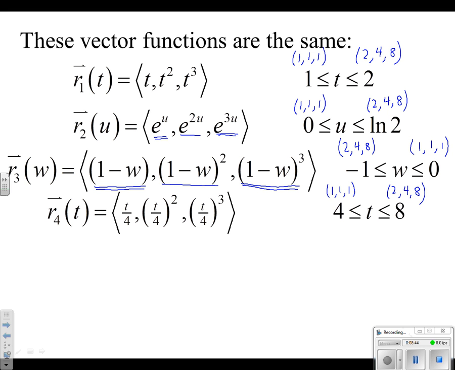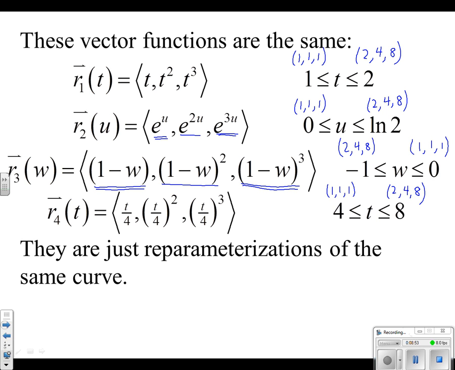Now, all 4 of these parametric equations represent the same curve with the same endpoints. And in fact, we could say that these are just reparameterizations of the same curve. Parameterizing in different ways gave us different results. But the thing to notice is that to go from one parameterization to the other, we are just doing a very simple substitution.